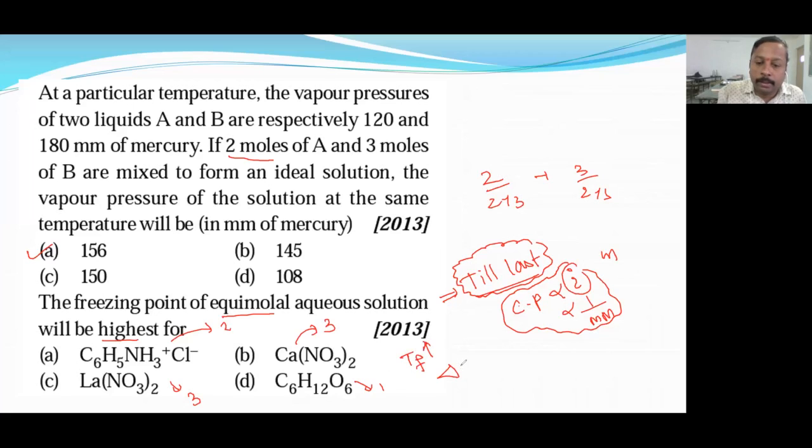Freezing point highest means delta TF must be lowest, which means either i should be lowest and molar mass should be highest. If you consider both points, option D will be suitable, because it has i equal to 1 and the molar mass is considerable, because the rest are all 3 times. Molar mass is not 3 times smaller. So directly, blindly you can go for option D. Let's go for the next question.